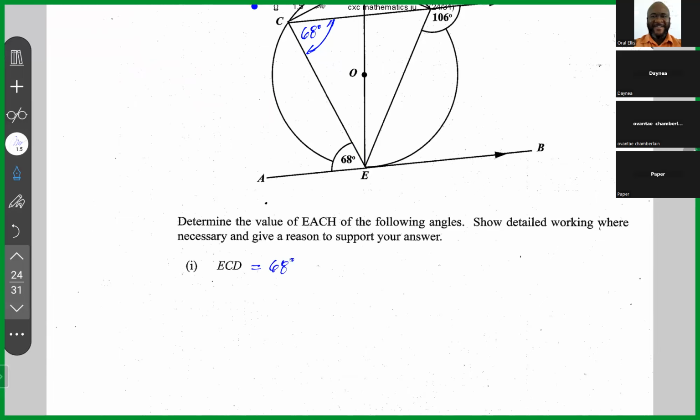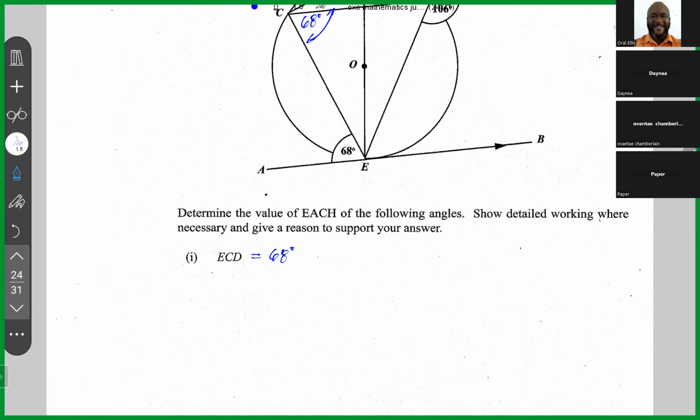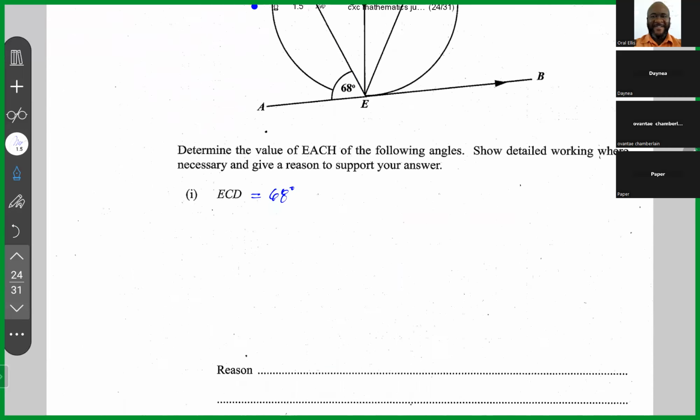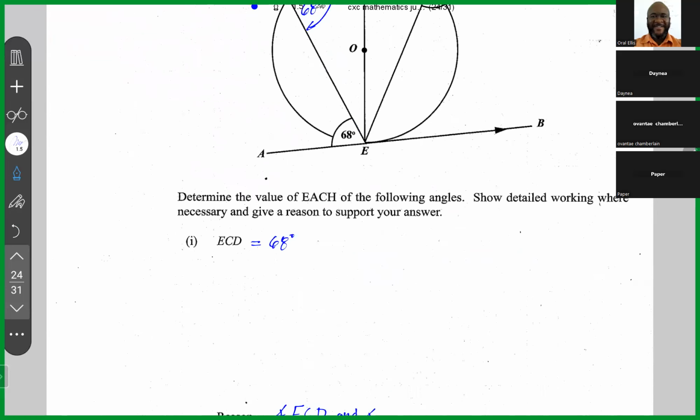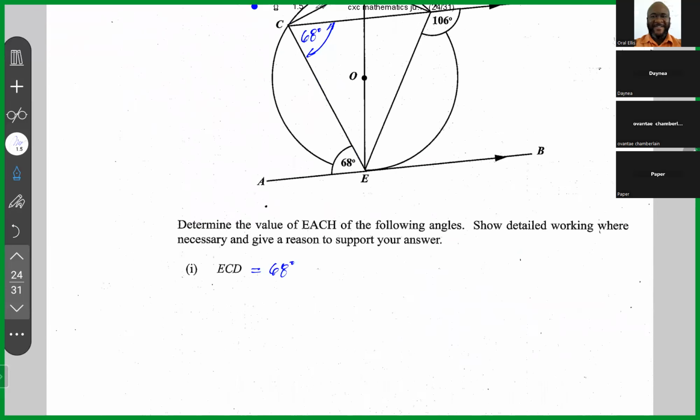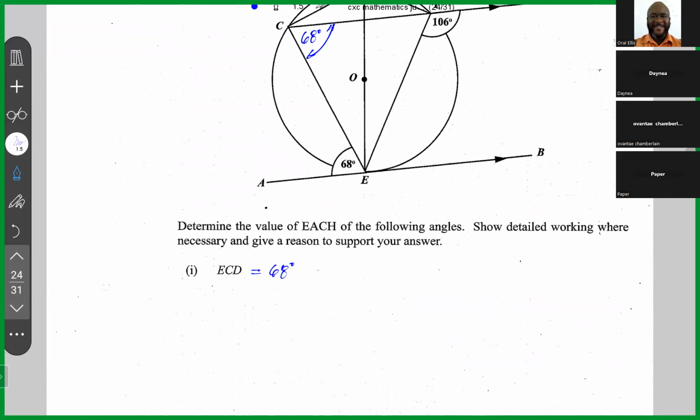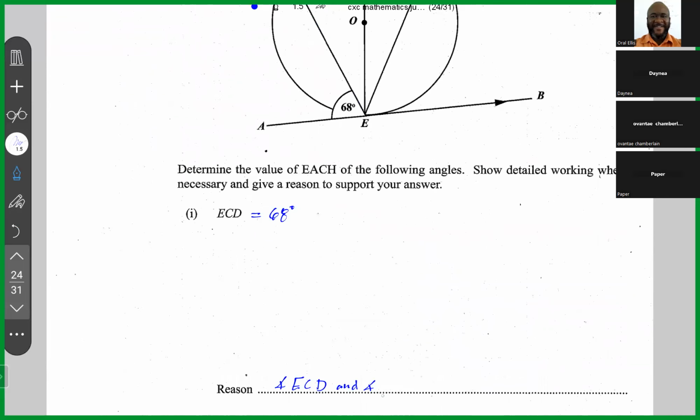And I would say that angle ECD and angle AEC are alternate angles.